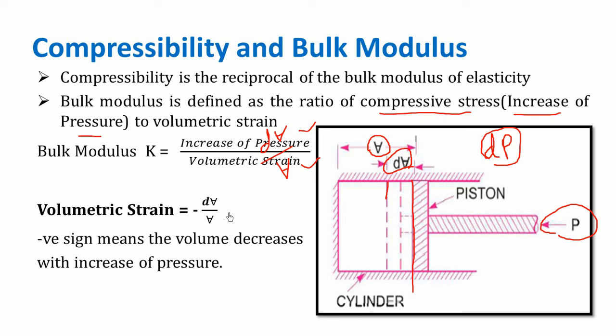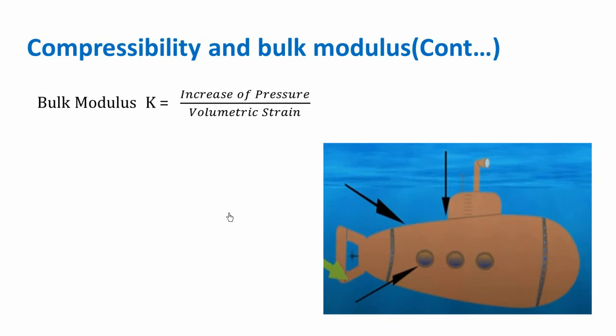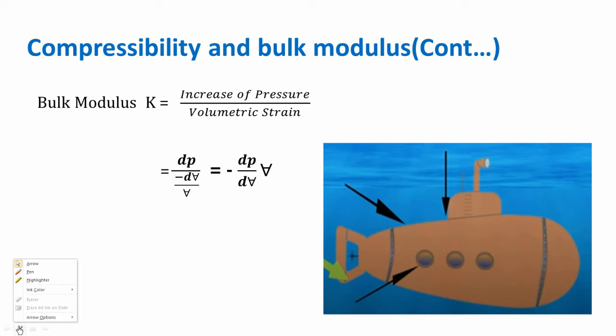The negative sign means volume decreases with increase of pressure. Then we will write bulk modulus K equal to increase of pressure by volumetric strain. Substituting in this expression, we get dP by minus dV by V. Taking V in the upward direction, we get minus dP by dV into V. This is called the bulk modulus K.